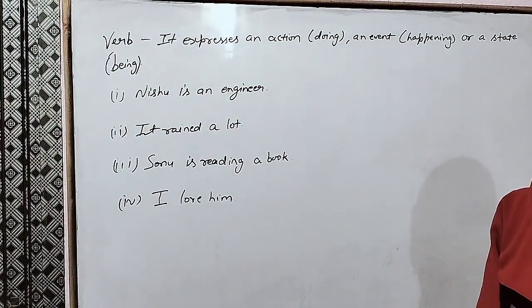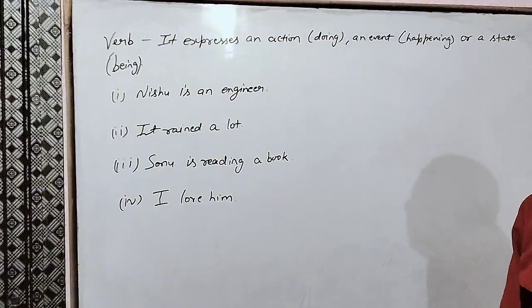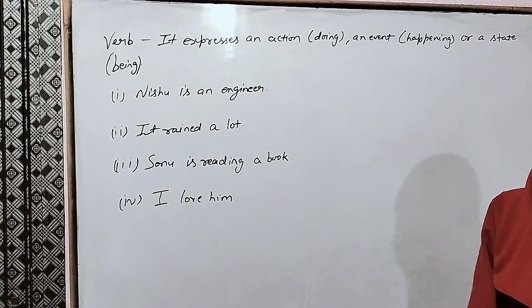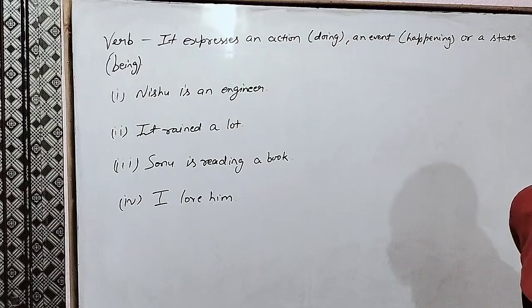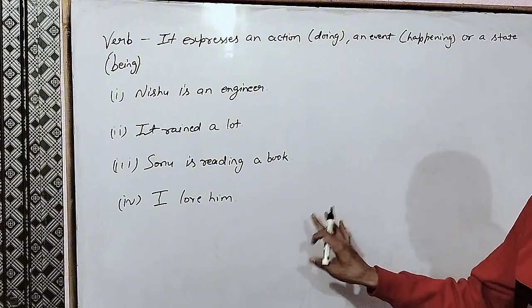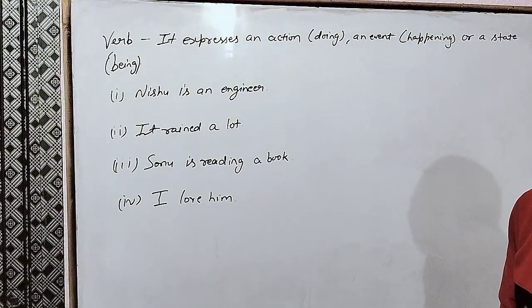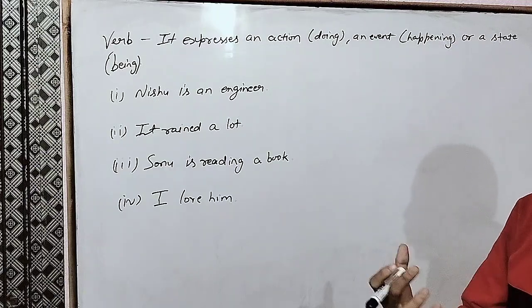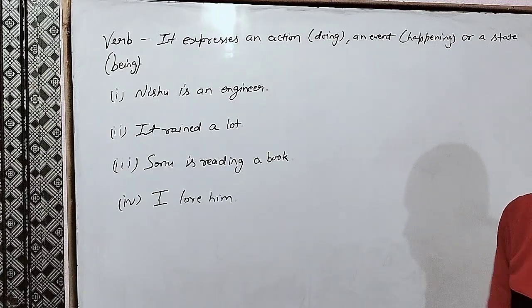Not two types, there are parts of a verb. First is action, second is non-action. I will discuss details about it after this. So it is a verb which explains action, non-action or being state.